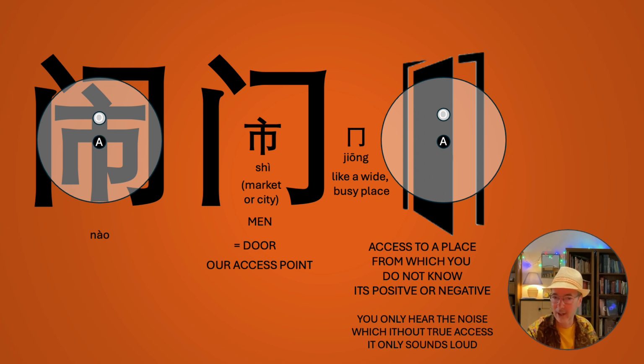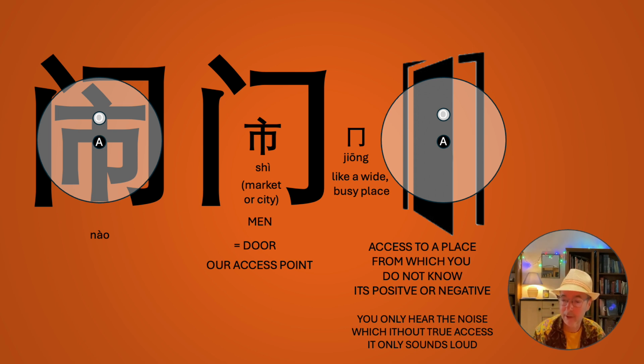Why A is like the access point, like the door for O to open. This O is this space, this bigger space beyond it, which we do not know at that point if it's positive or negative.